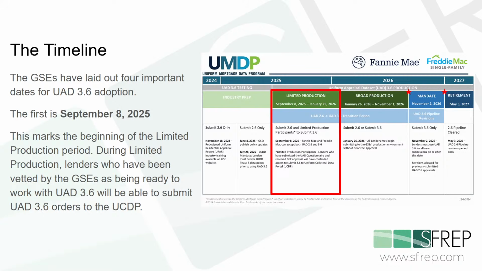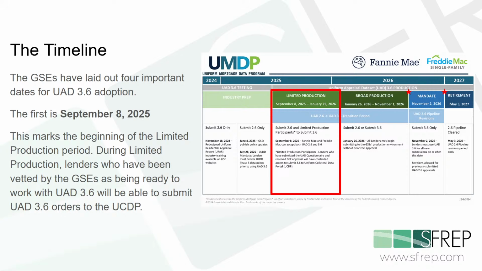So let's look at the timeline here, because this is very important, and there's a lot of confusion on these timelines. Our first very important date is September 8th of this year. September 8th, 2025, between then and January 25th of 2026, is what's going to be called limited production. That's when they're going to start, and when I say them, AMCs, lenders, banks, everybody, very slowly issuing UAD 3.6 reports to users who say that they are ready and their software is ready to begin accepting them.